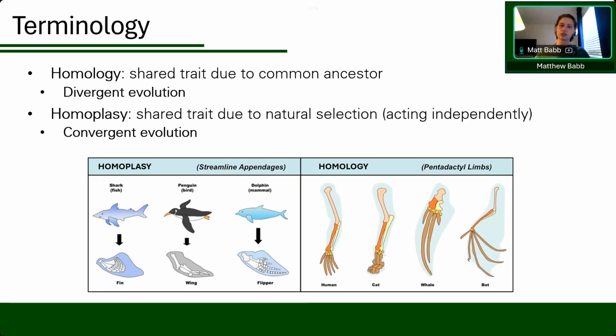They're similar in construction, but they don't share a common ancestor with wings. Instead, it's because natural selection put pressure on these species to develop an ability to fly, and so they have an appendage that is associated with flight, even though they may not have the same common ancestor. And so the shared natural selection pressure is referred to as an analogy or an analogous structure, and it leads to the production of analogous traits.